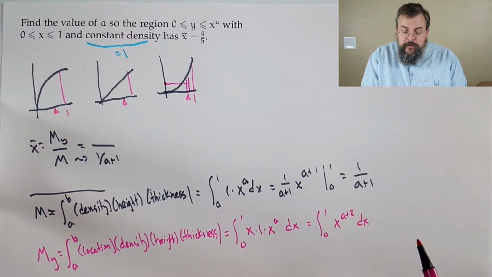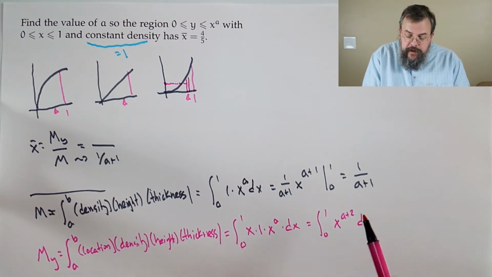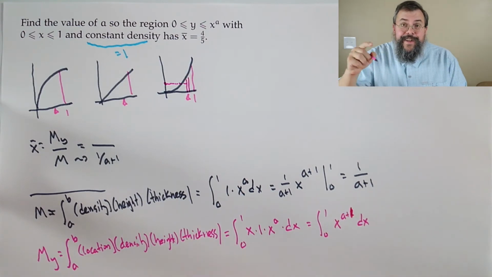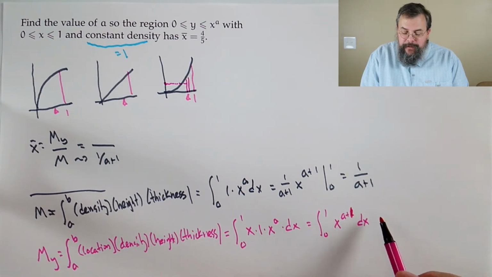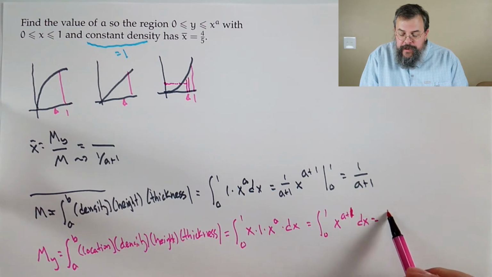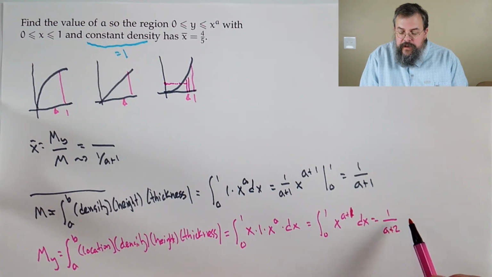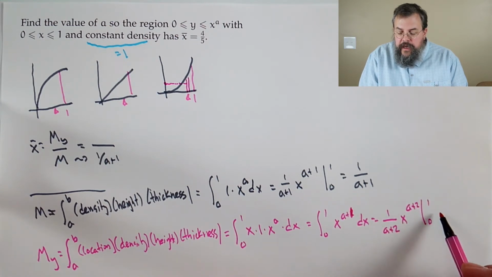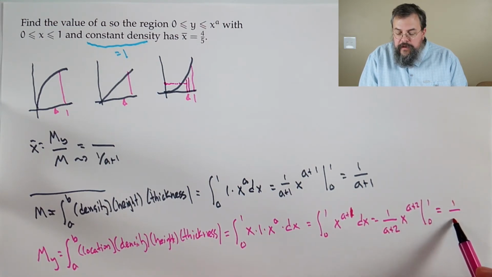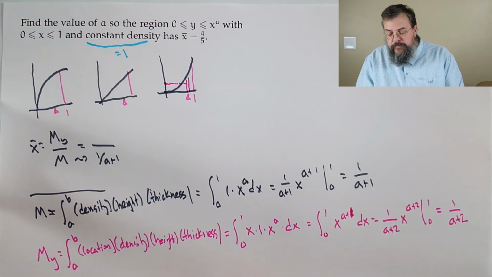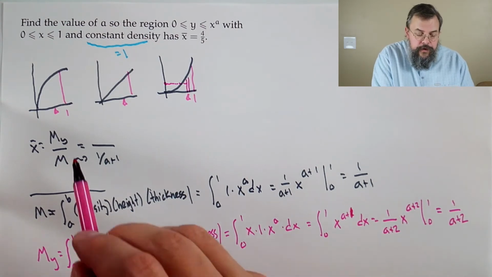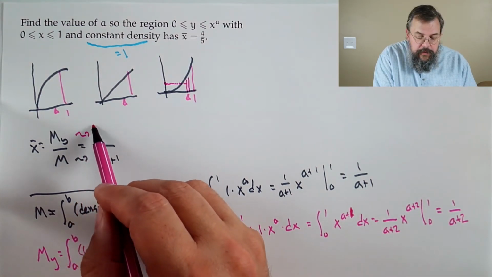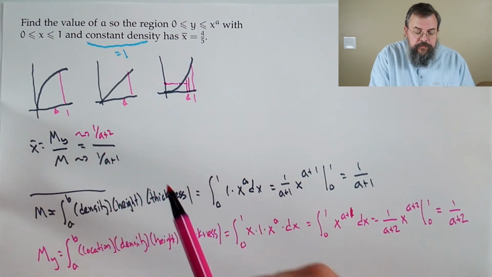Sorry, x to the a plus 1. Got ahead of myself because I'm seeing the next step, right? We're integrating that. So when we integrate that, that's 1 over a plus 2, x to the power a plus 2 from 0 to 1, and that would be 1 over a plus 2. Okay, so that's our numerator. All right, 1 over a plus 2.